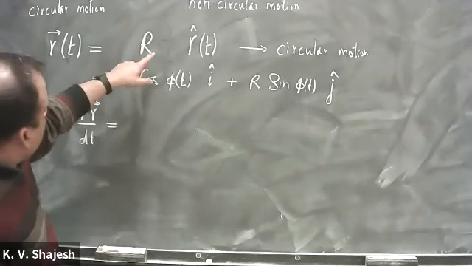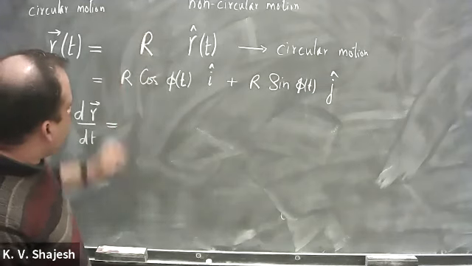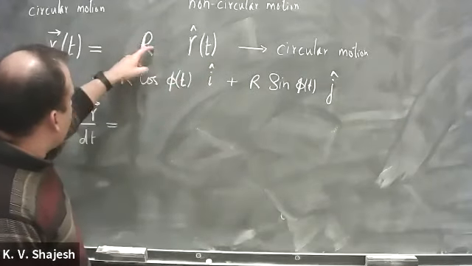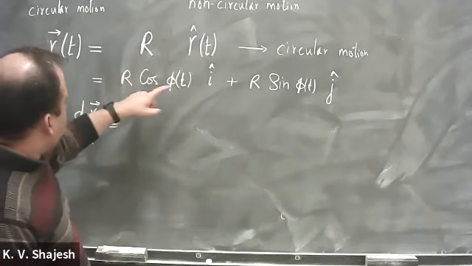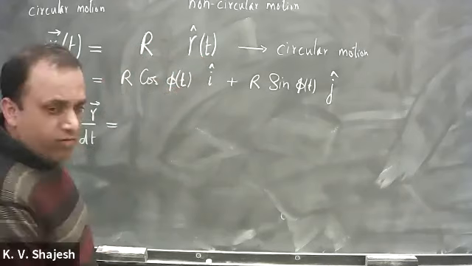If it was non-circular motion, there would be a time dependence in here. So it's more general, but this is significantly simpler in the sense we are doing circular motion, no time dependence here. It's only the time dependence in the vector, and the time dependence in the vector goes in the angle, like how the angle is evolving in time.